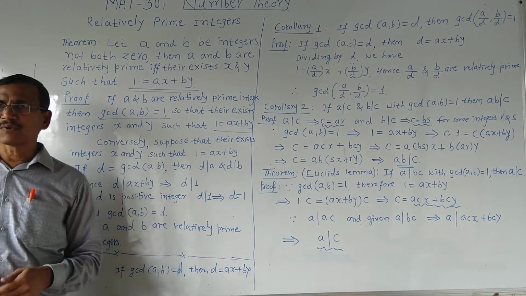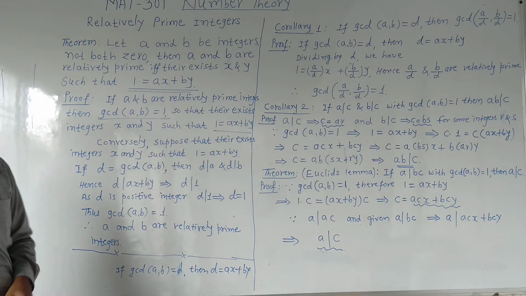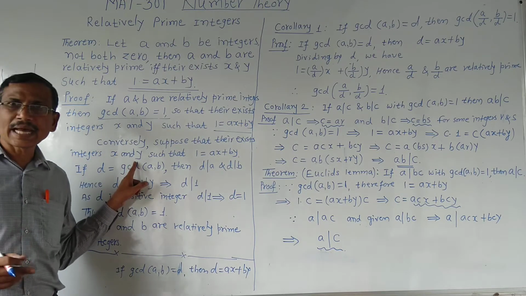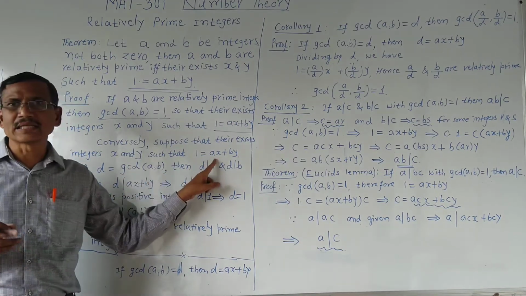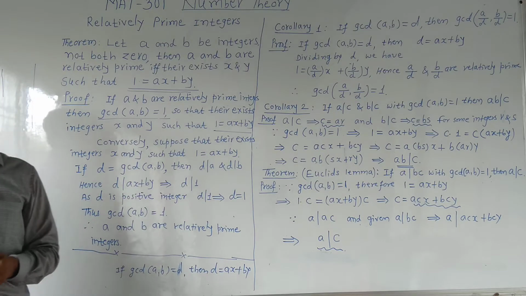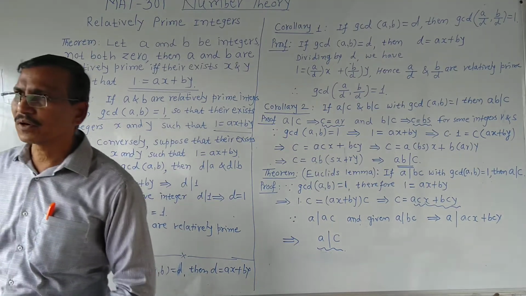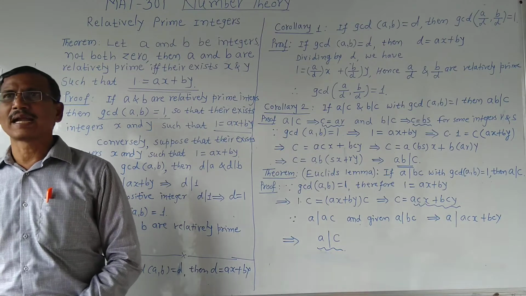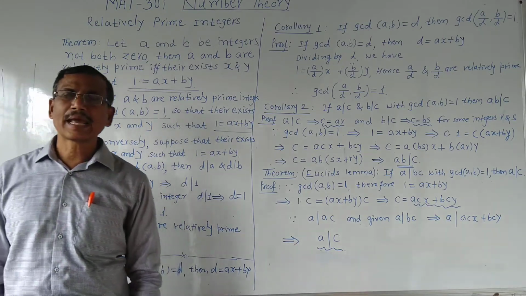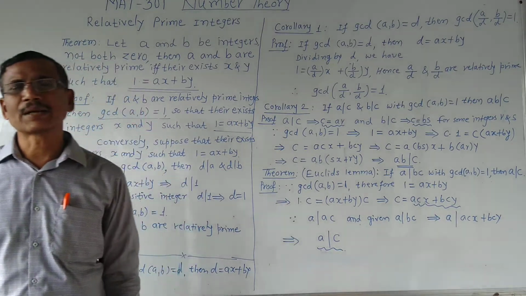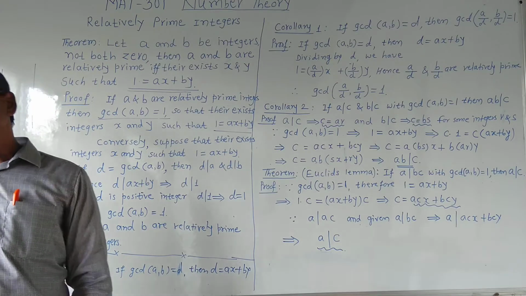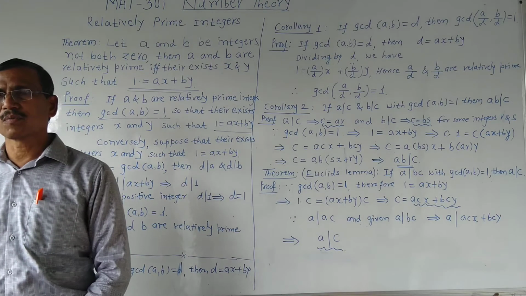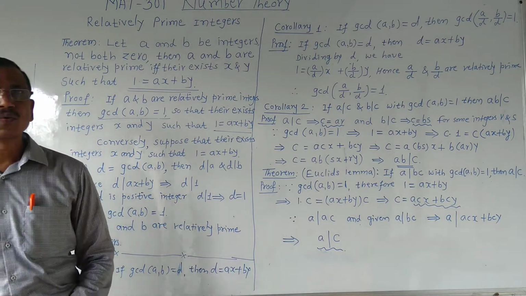Now we shall prove the converse part. In the converse part we assume that there exist integers x and y satisfying the condition that 1 is equal to ax plus by. Now here we have to prove that the integers a and b are relatively prime. Two integers a and b are relatively prime if their greatest common divisor is equal to 1.